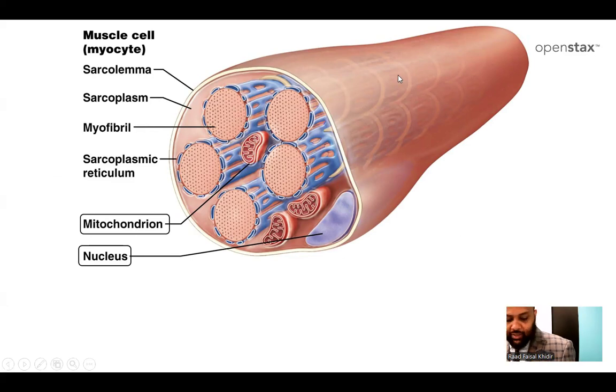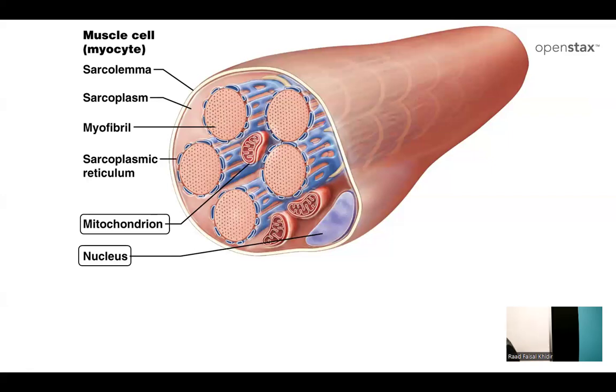The myocyte is comprised of cells. So what's going to happen is you have muscle fiber, muscle fiber, muscle fiber, and so on.